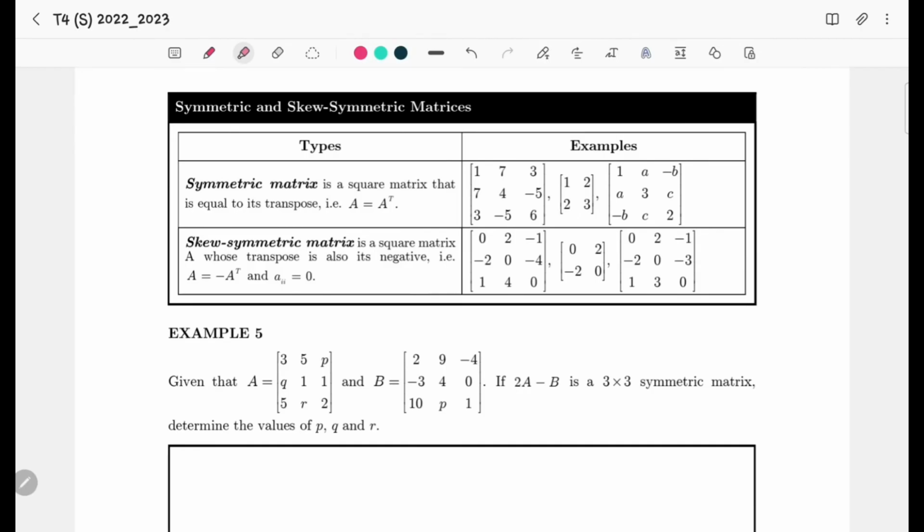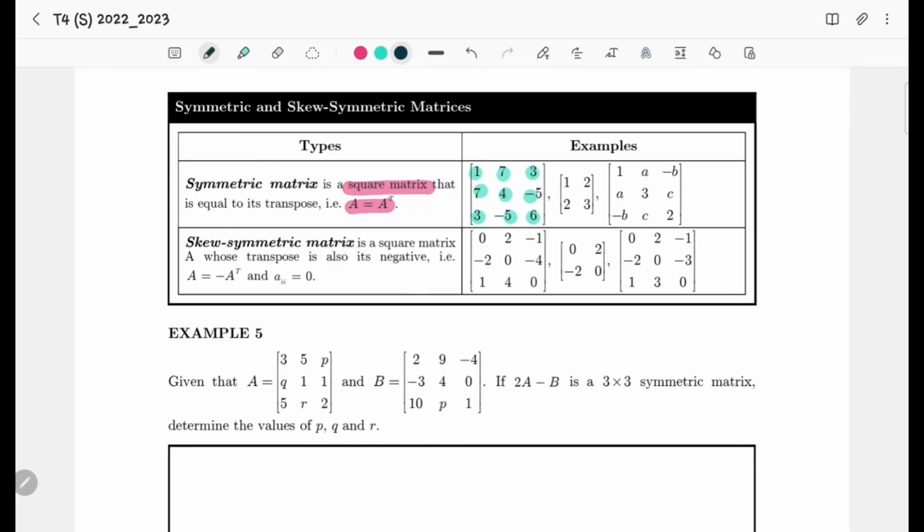A symmetric matrix is a square matrix that is equal to its transpose. So A is equal to A transpose. If you take this matrix for example, transpose it, you'll get the same thing.